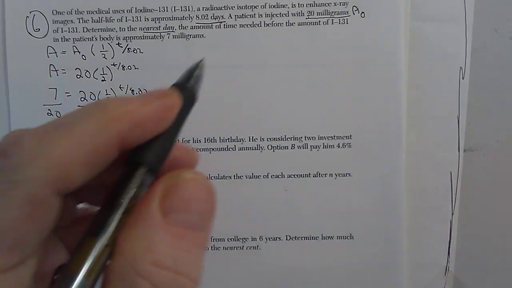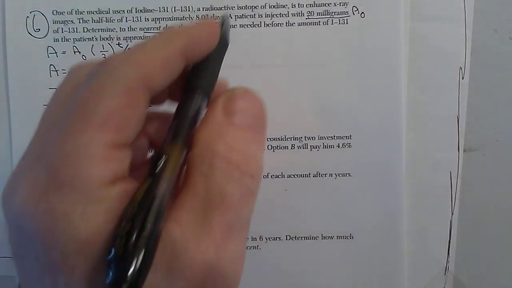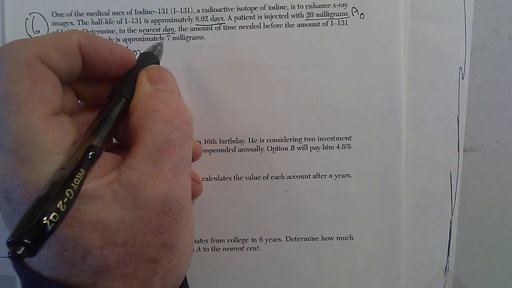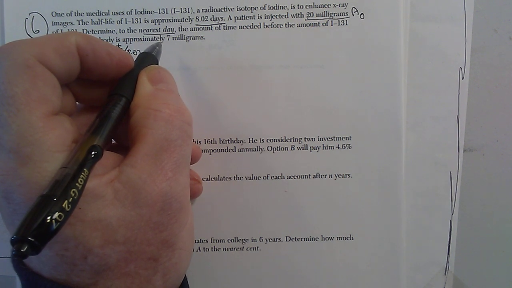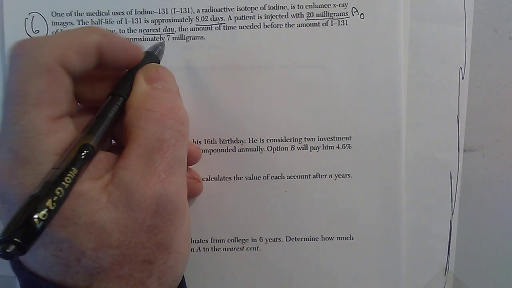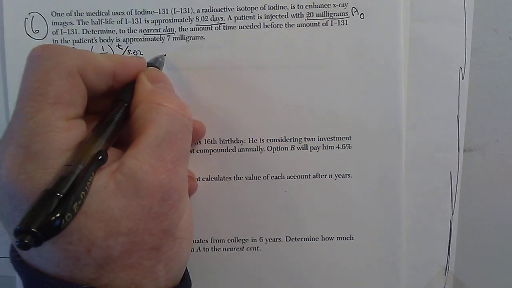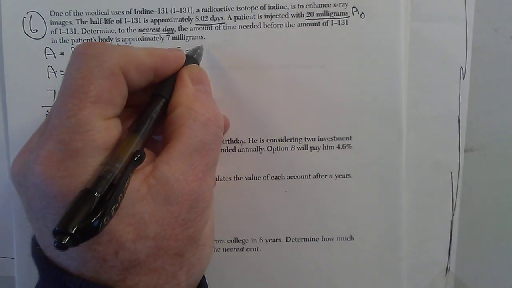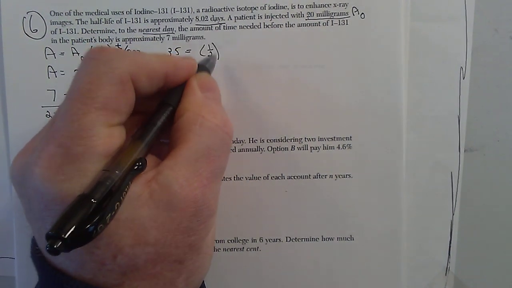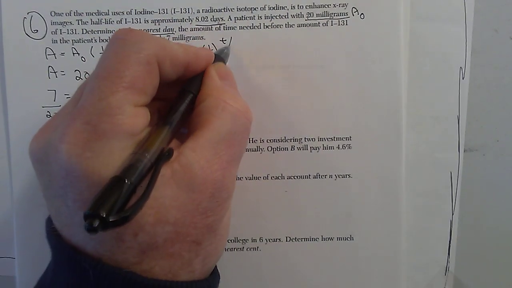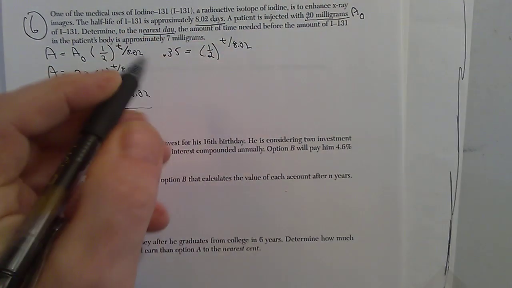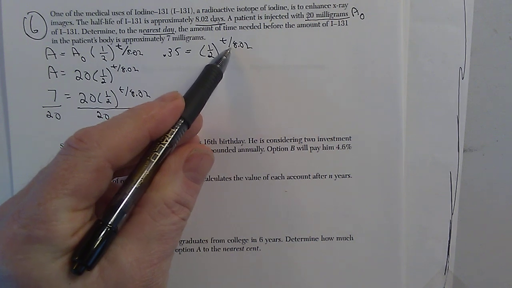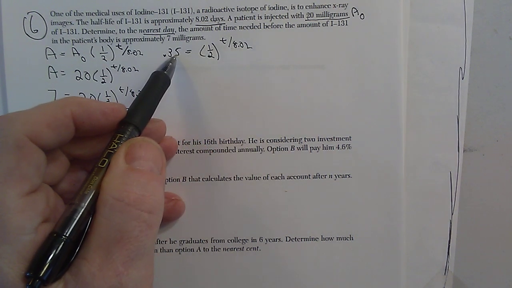And when I do that, I get 0.35 equals 1/2 to the T over 8.02. Now I have a base raised to a power equals the result.